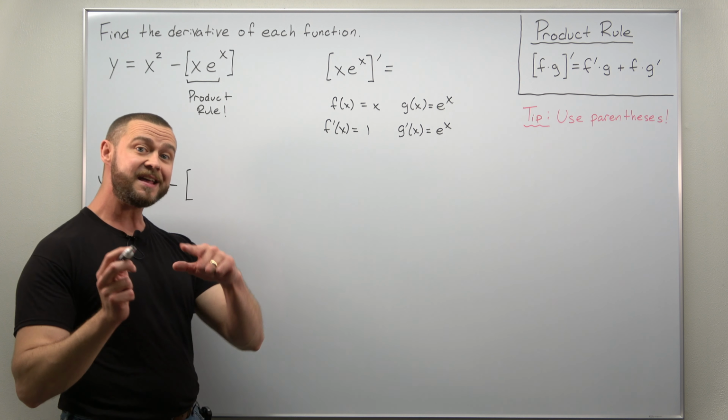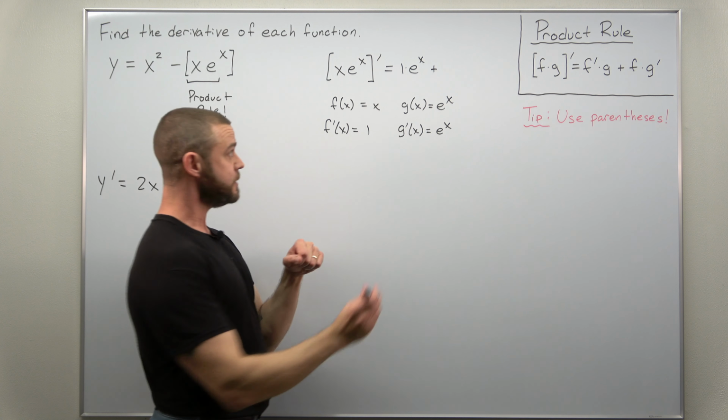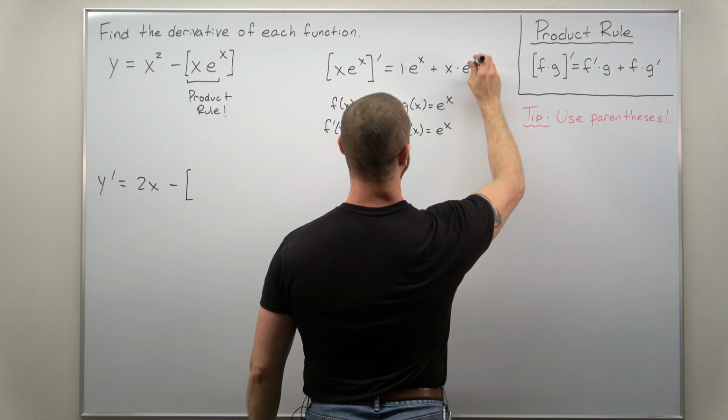So it's good to always take a complicated problem, break it down to some simpler ones, and what we're doing right now is a simple calculation with the product rule. So let's combine our pieces here to find that derivative, and then we'll just plug it back in here in parentheses. So put your pieces together, f prime times g, 1 times e to the x, and then we add to that f times g prime. And that is our derivative.